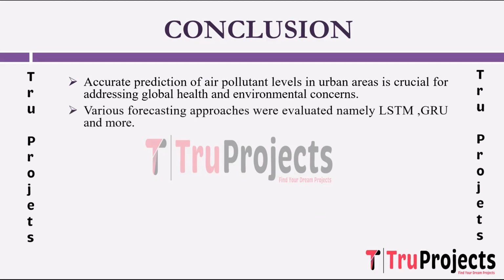The project involved assessing various forecasting approaches, notably leveraging advanced predictive models like LSTM, GRU, among others. These models, which are part of the deep learning domain, were compared against traditional statistical methods. The consistent trend observed was that the advanced models consistently outperformed traditional statistical approaches in predicting air pollutant levels.